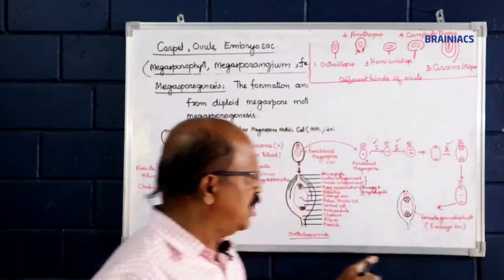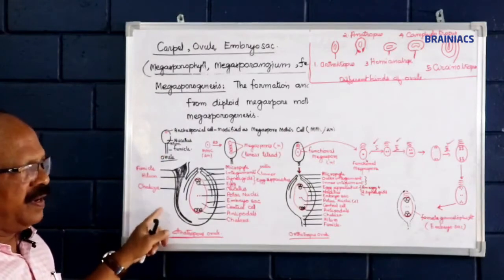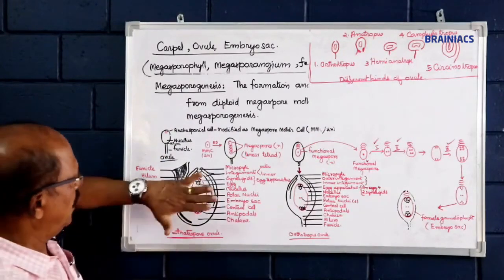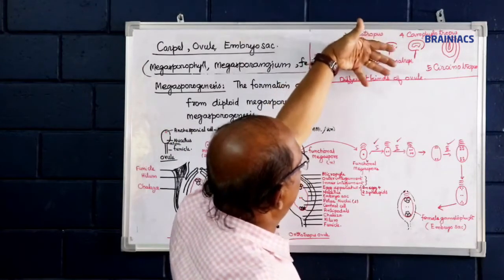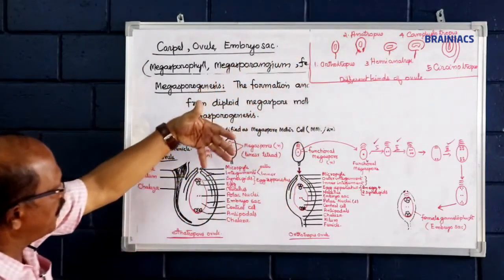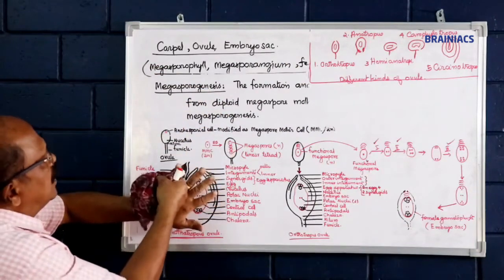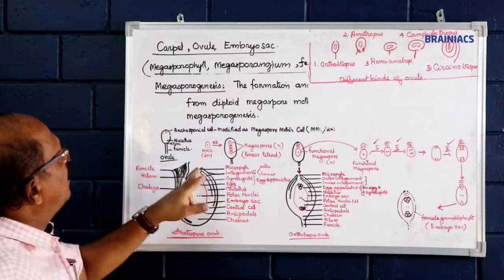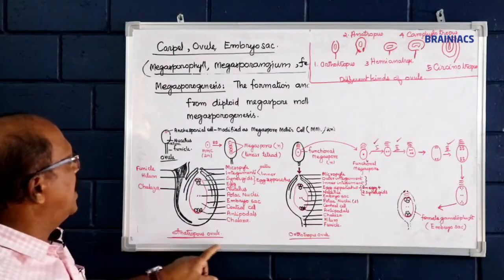Development is seen as orthotropous and the final figure is given as anatropous. Here the direction is opposite, so the funicle and micropyle are very near to one another, hence it is an anatropous ovule.